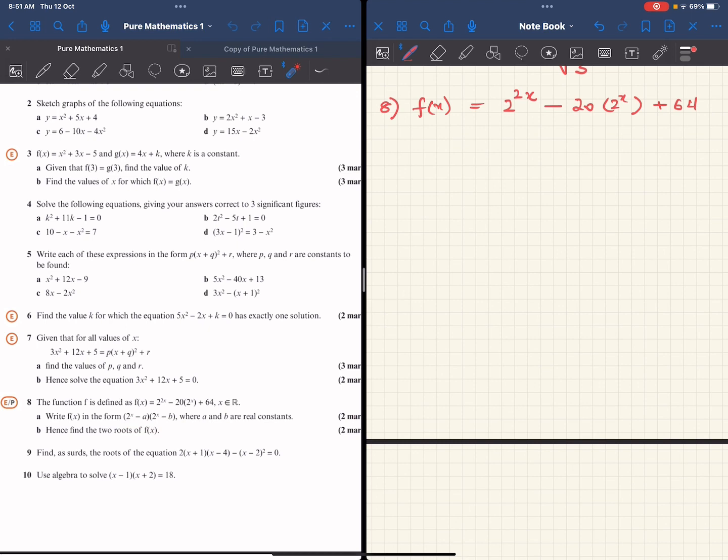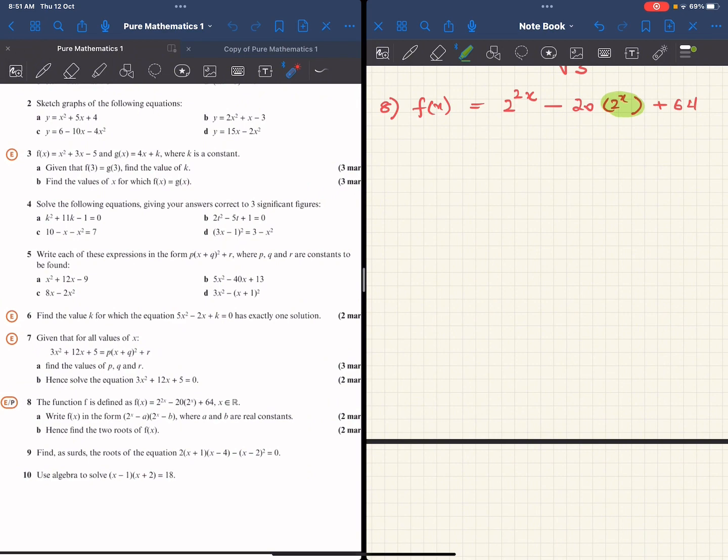So let's go ahead and try what we can do. Now in this question, we are given a bracket here. So this bracket tells us something, that we need to substitute this bracket for a variable. So 2 to the power of x is to be substituted with a variable. Let's say 2 to the power of x is y.